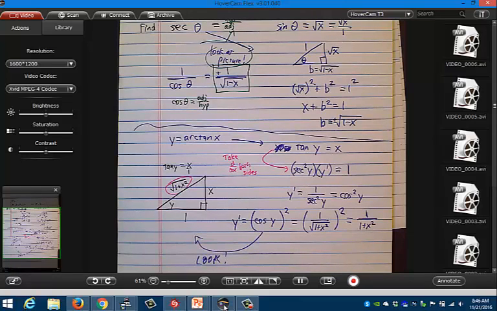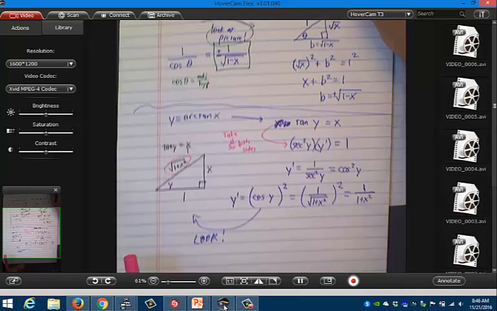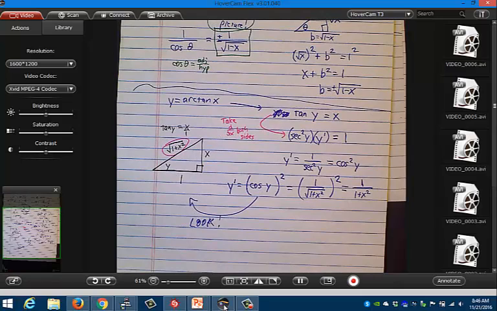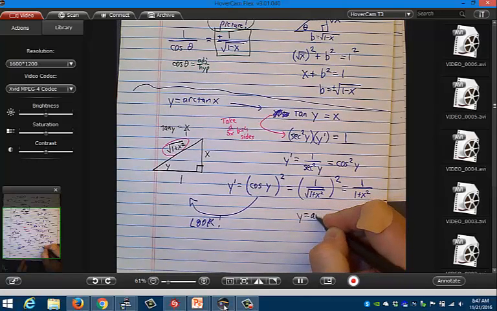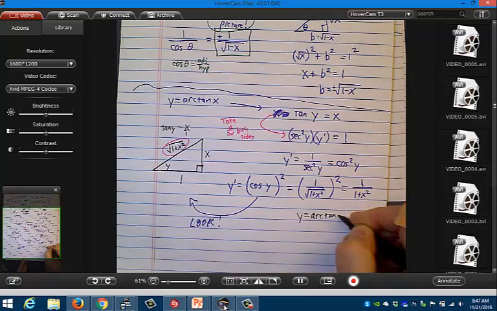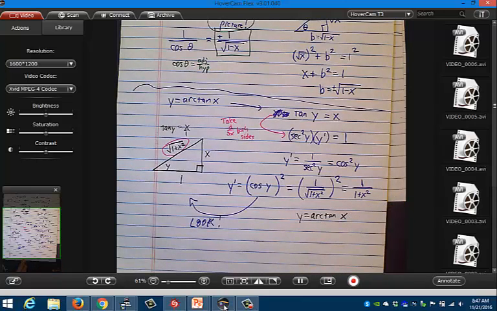The derivative of arctangent. You guys, by the time you're in Calc 2, you know how I noticed that you guys did successfully memorize the derivatives of the 6 trig functions? Well, there's something else that you have to have memorized. You have to know the derivatives of the inverse trig functions. So that if I give you this, by the time you're in Calc 2, you're not going to draw all this and work it out that way.